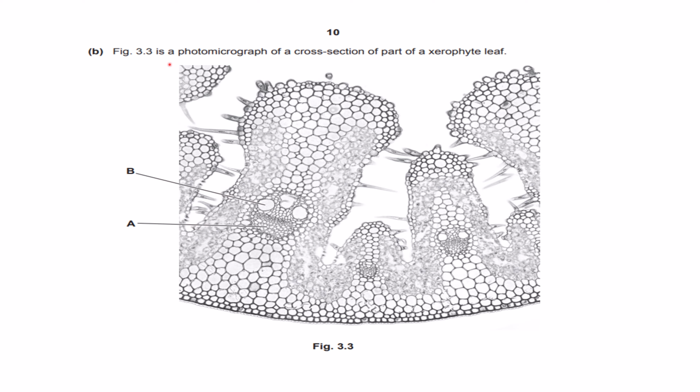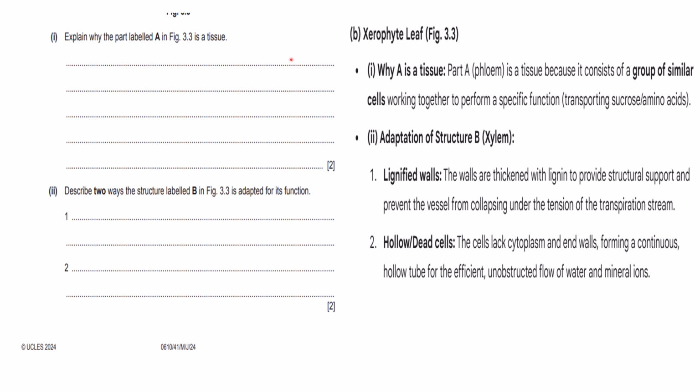Part B. Figure 3.3 is a photomicrograph of a cross-section of part of a xerophyte leaf. Here is the question. Explain why the part labeled A in Figure 3.3 is a tissue. Here is the answer.